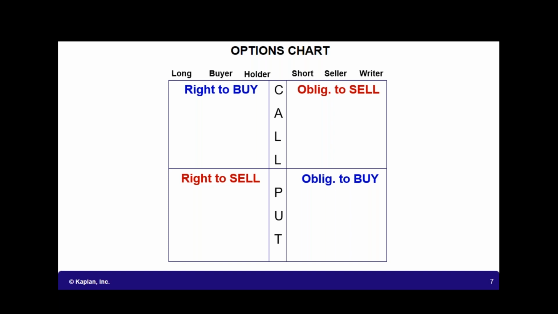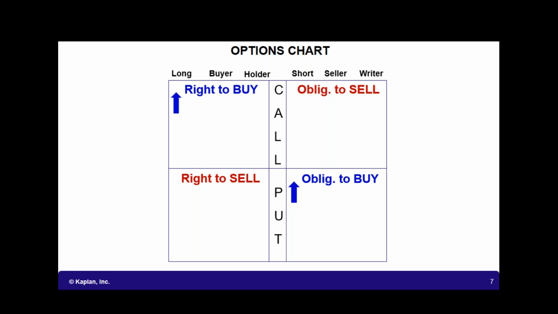But whether or not you have the right to buy or obligation to buy, the end result is you're going to end up buying the underlying security. And when you buy a security, well, if you're like me, you want the price of that stock to go up.